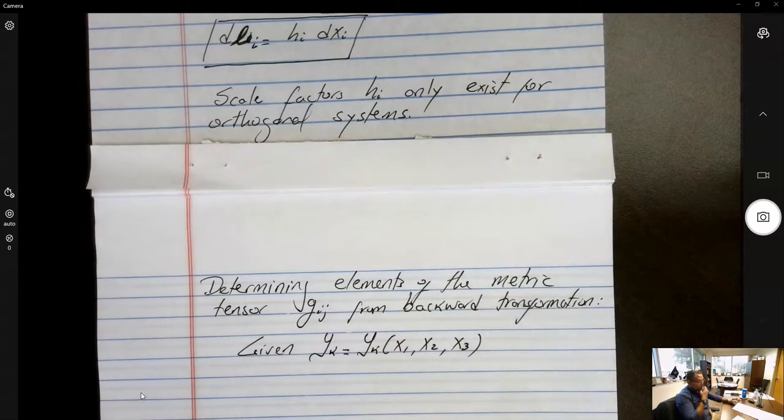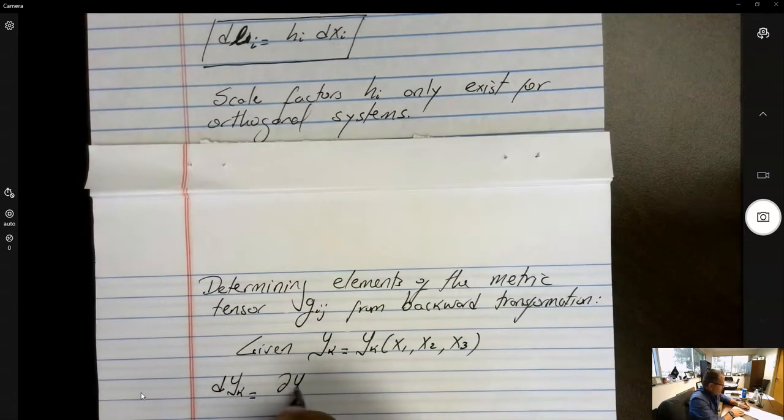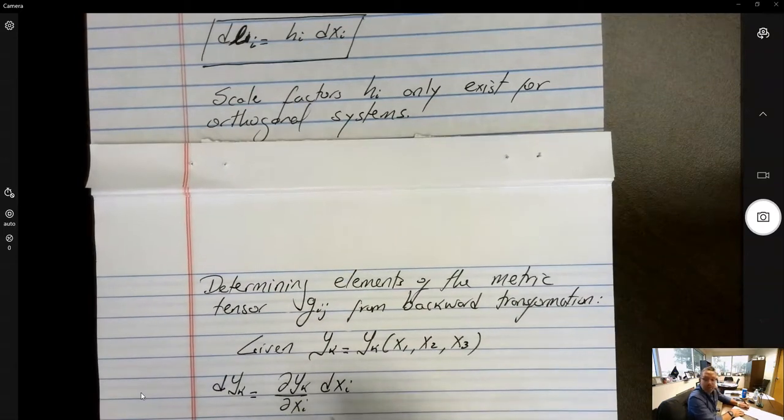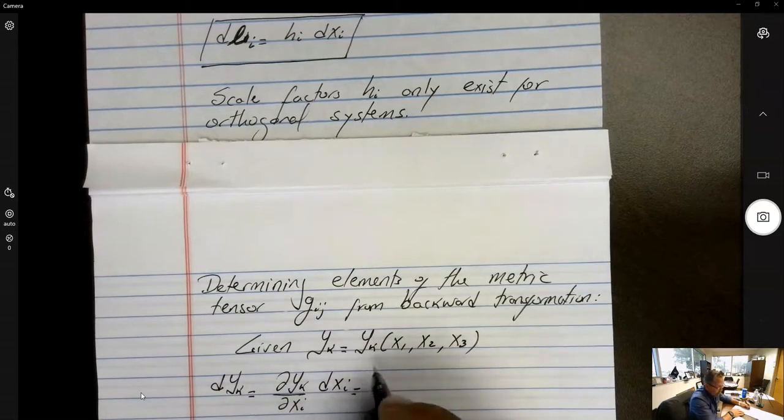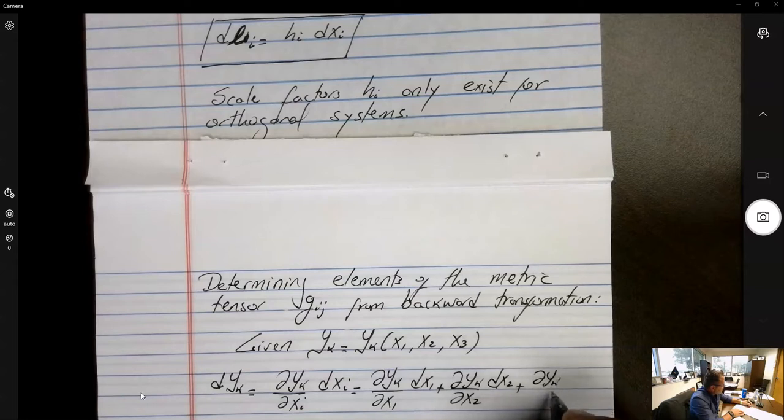So if I have the backward transformation, or the algebraic relationship from the curvilinear coordinates to the Cartesian coordinates, we can calculate dyk as dyk dxi times dxi. That repeated index implies a summation, so I'm going to write it out completely. This will be dyk dx1 dx1 plus dyk dx2 dx2 plus dyk with respect to the x3 times dx3.